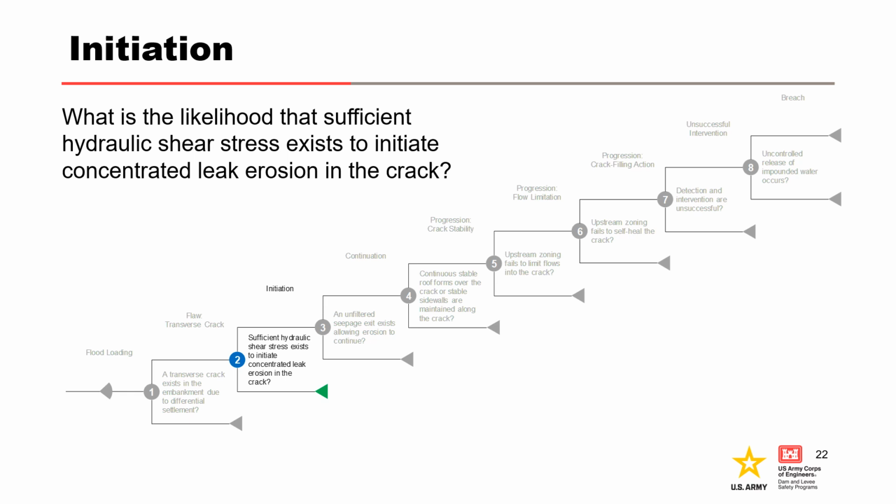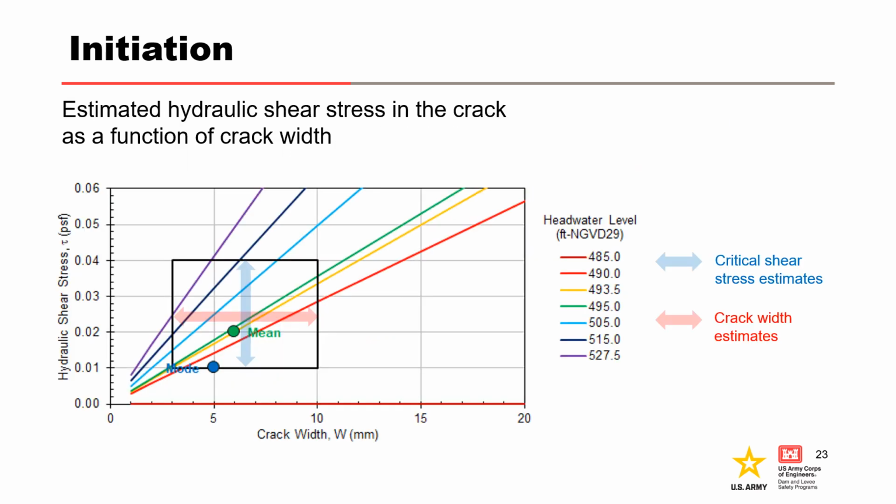Node 2. What is the likelihood that sufficient hydraulic shear stress exists to initiate concentrated leak erosion in the crack? The estimation of initiation of concentrated leak erosion involves both analytical methods and performance observations.